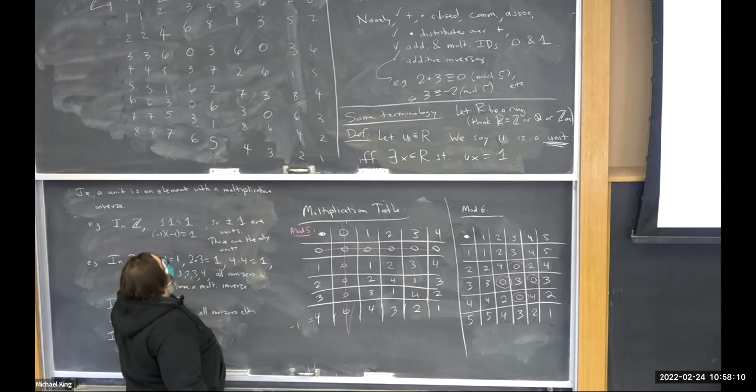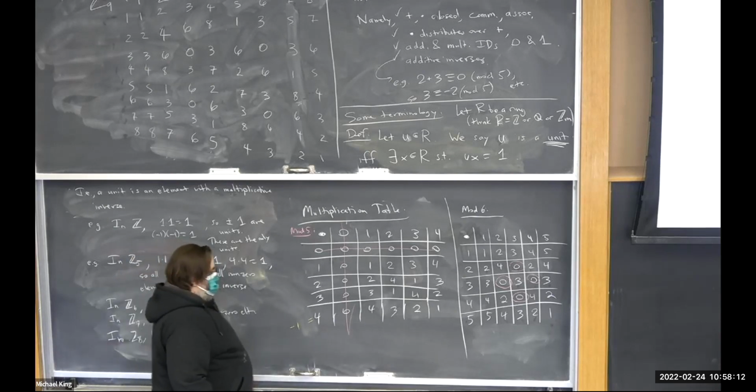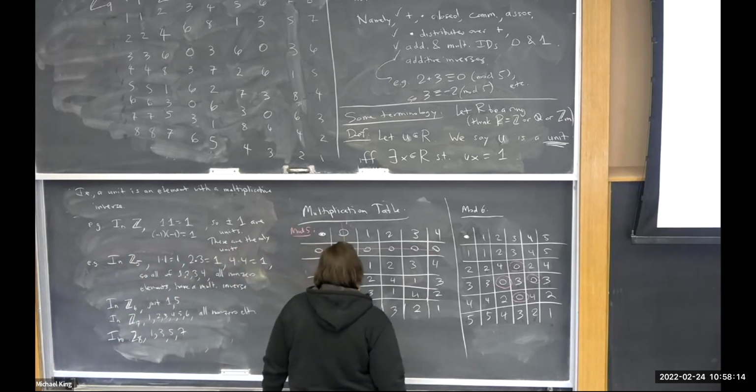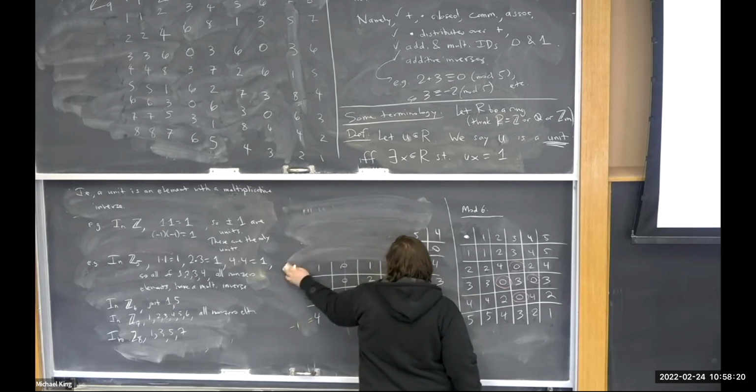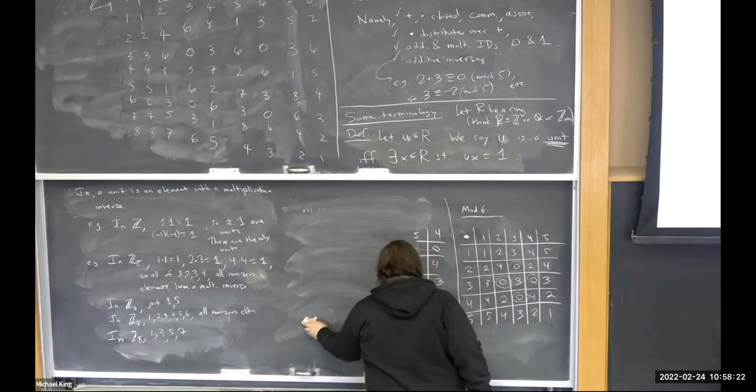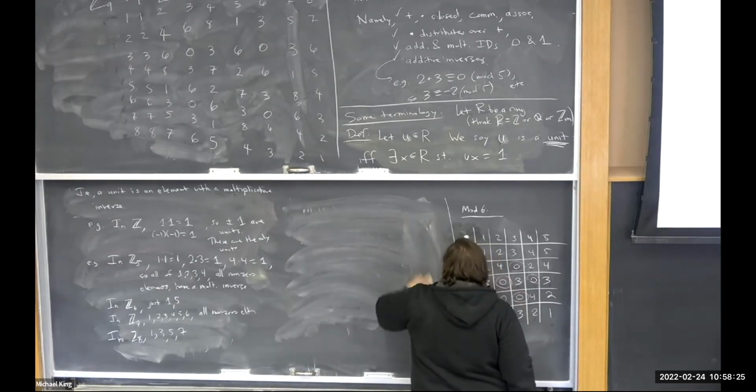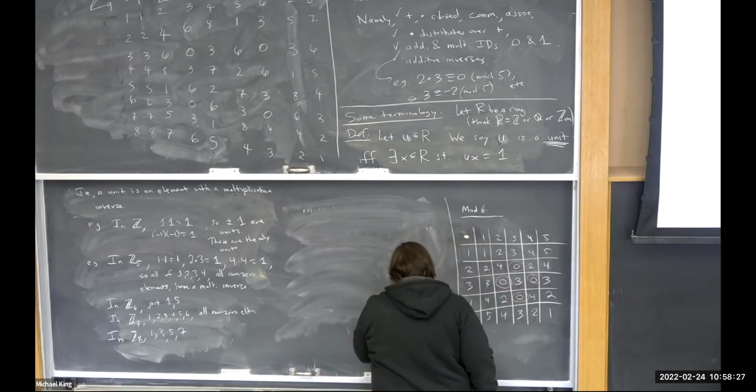What about in Z9? I guess we can just look at the 7 through 11 tables. In Z9, what are the units?